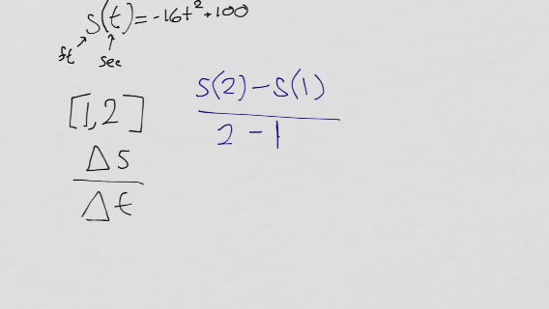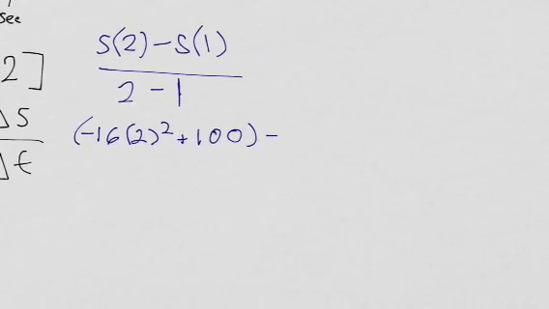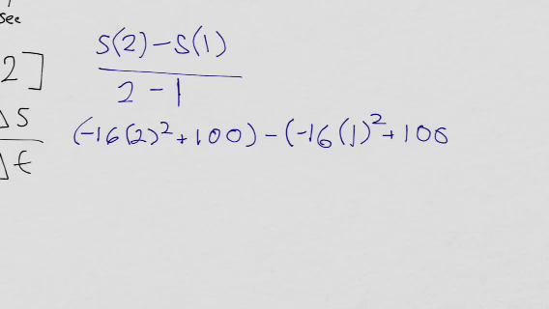So now if we expand this equation, s of 2 is equal to negative 16 times 2 squared plus 100, minus s of 1, which is negative 16 times 1 squared plus 100, all over 2 minus 1, which is just equal to 1.